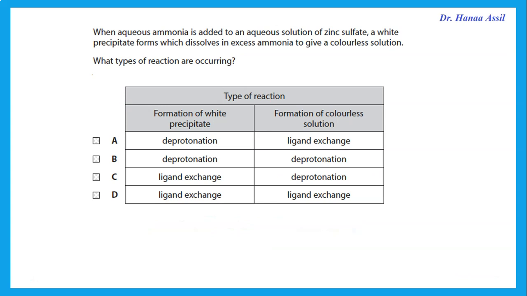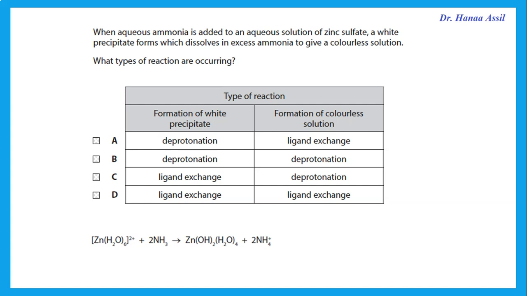When aqueous ammonia is added to an aqueous solution of zinc sulfate, so again this is zinc 2+, a white precipitate forms which dissolves in excess ammonia to give a colorless solution. What type of reaction is all of this? Remember, if I have zinc in solution, so that is the zinc with 6 water complex, I'm adding a small amount of ammonia, so that is 2 ammonia.